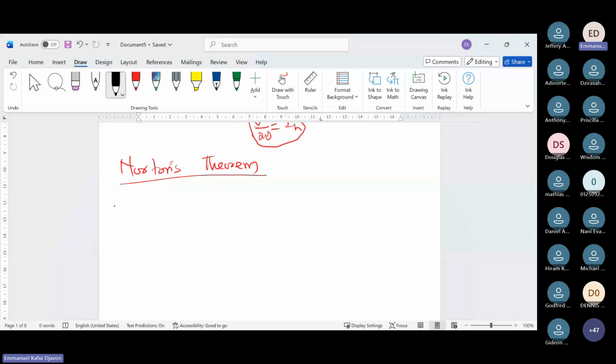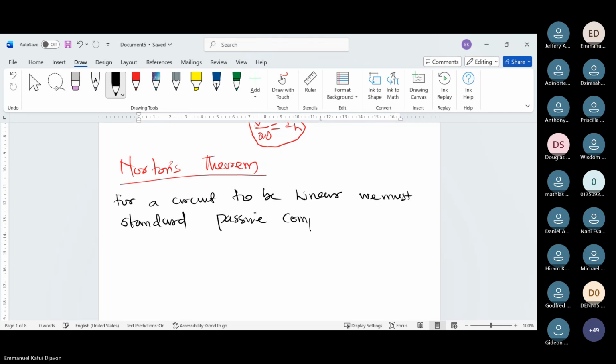For a circuit to be linear, we must have standard passive components.